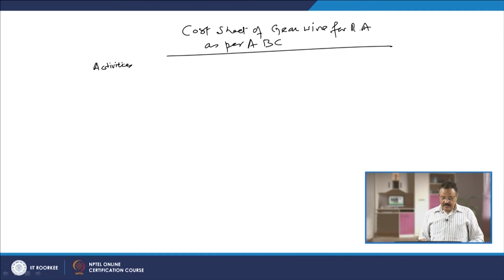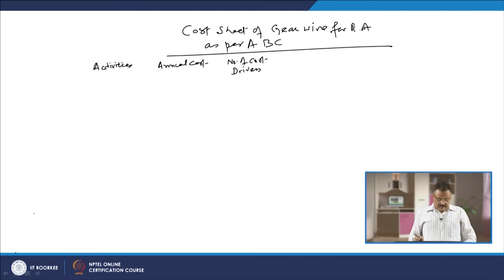Second is the annual cost of different activities, then the number of cost drivers, and then we have to calculate the cost per driver. Cost per driver means cost per unit, cost per hour.